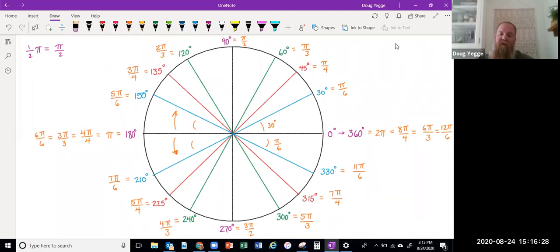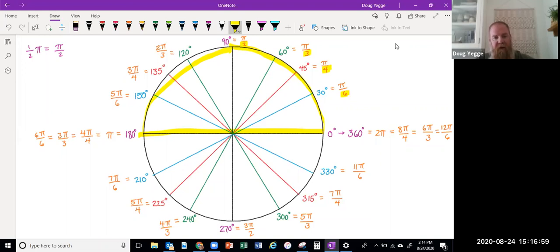So I really want to start to take some time here to look at a few really helpful patterns in this figure. First of which, you should see starting at the x-axis, as we move our way up towards 90 degrees in either direction, notice how the denominators change from 6 to 4 to 3 to 2.